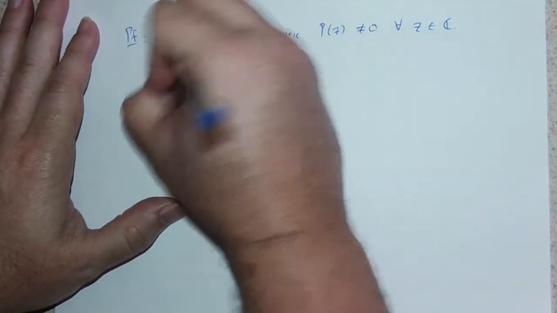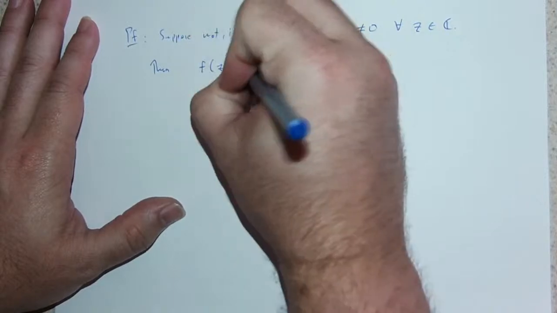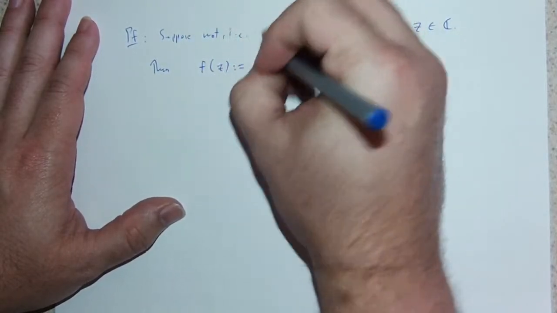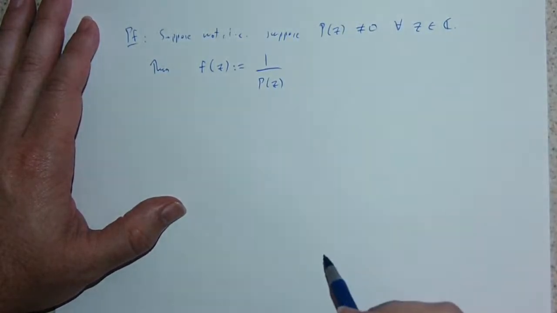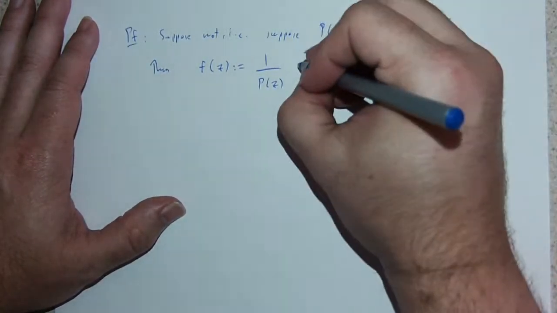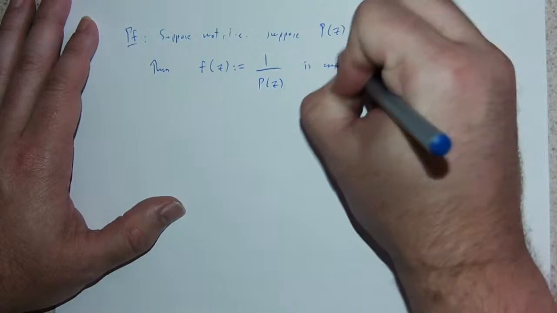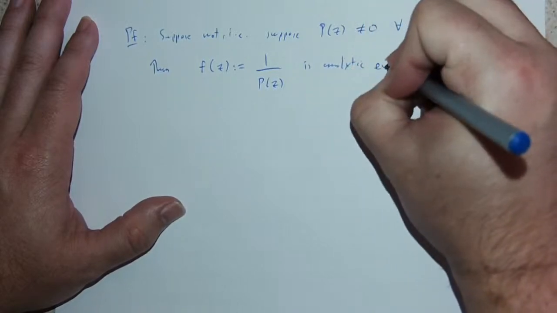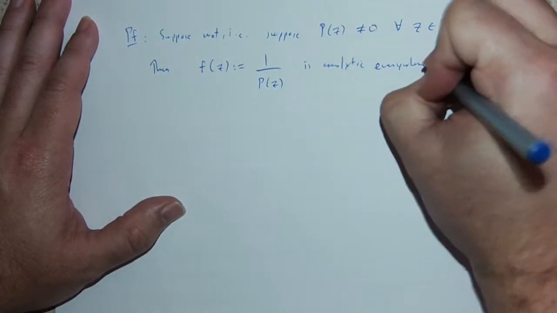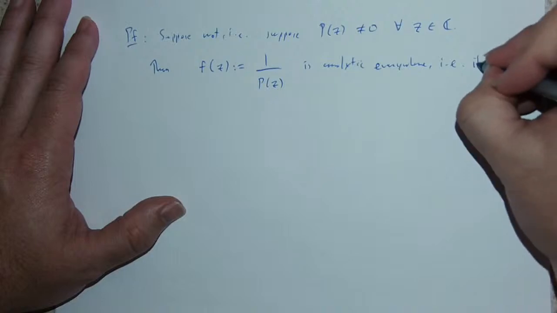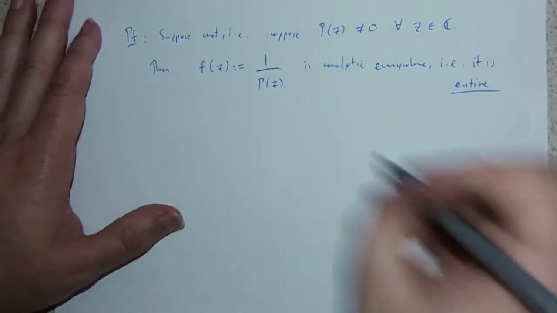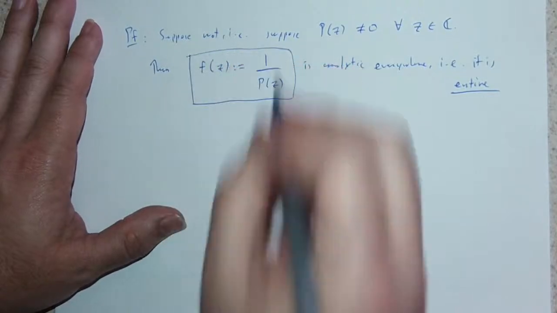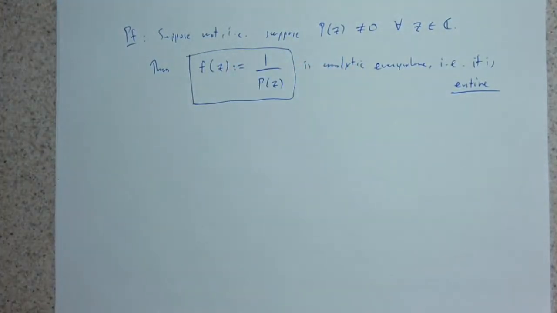Well, then f of z, which is defined to be 1 over that polynomial, since this thing is never 0 and it's a polynomial, this thing is analytic everywhere, i.e., it is entire.